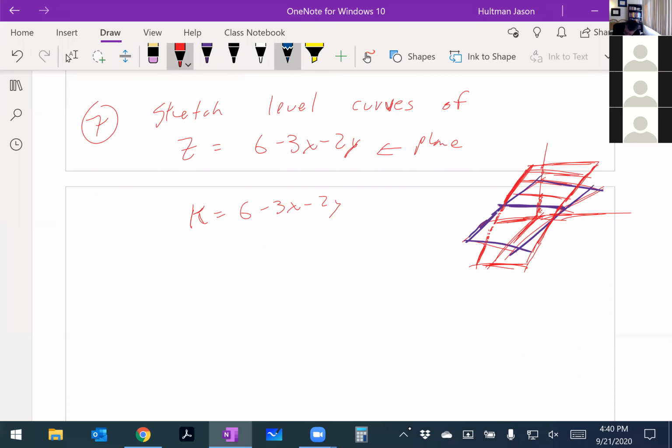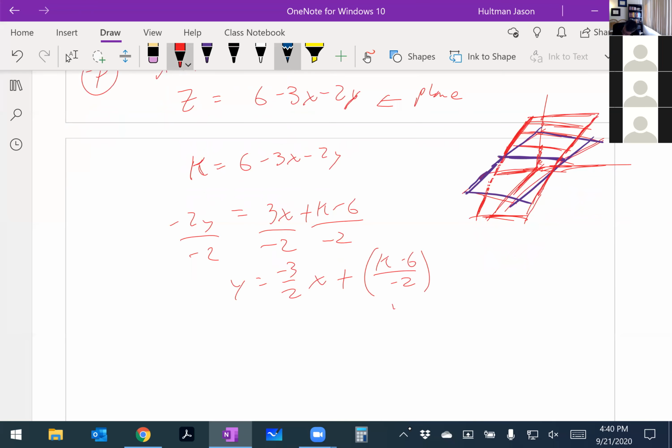Let's just solve for y. Slope-intercept form. So we get 2y is equal to negative 3x plus 6 minus k. Isn't it 2y? Oh, is it 2y?